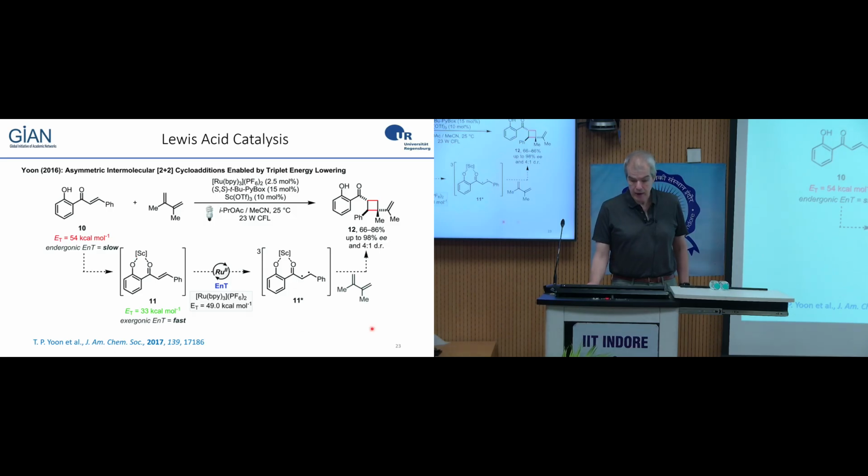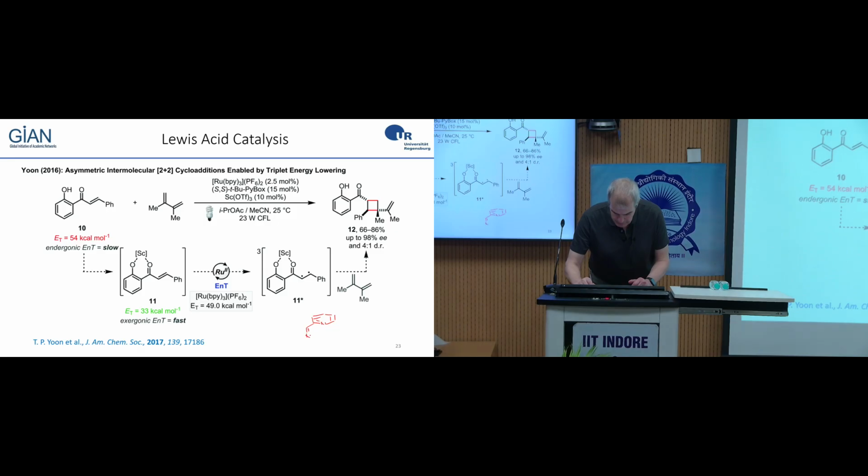And that way, and that's what the Yoon group did, they have one of these chiral bisoxazolene ligands. And with the bisoxazolene ligand, I think we have seen some of these ligands before. All right, so these bisoxazolene, here's a pybox ligand, so this has a pyridine in between.